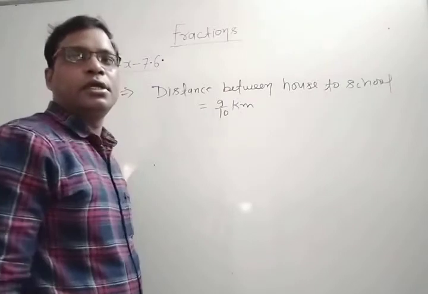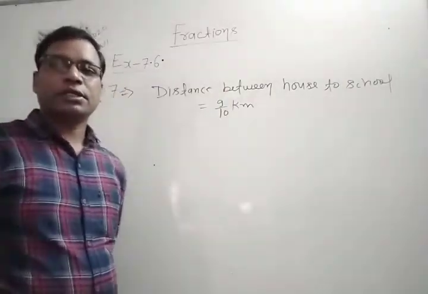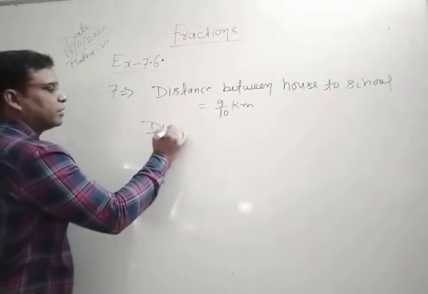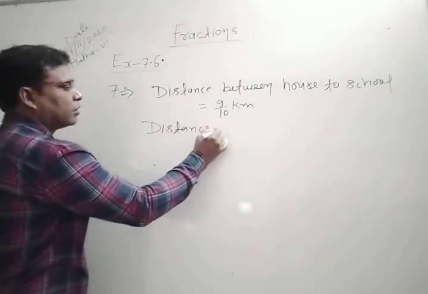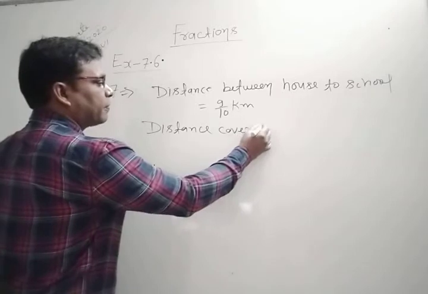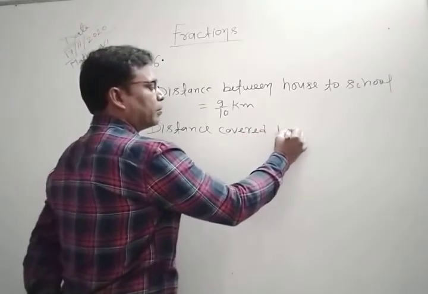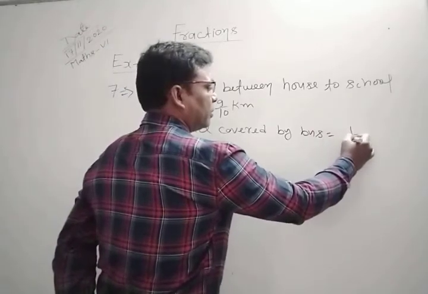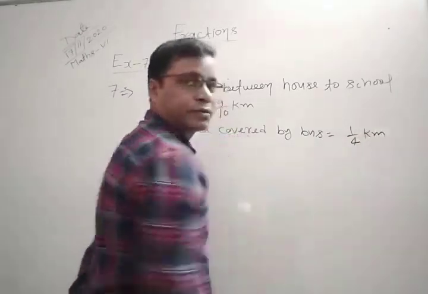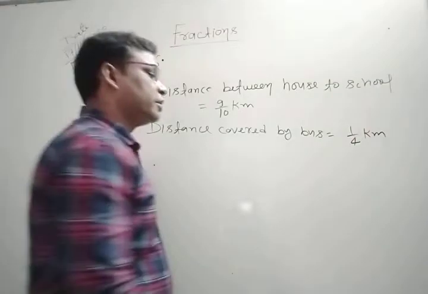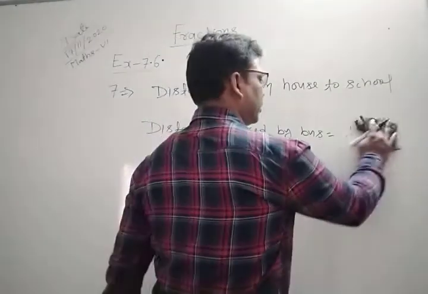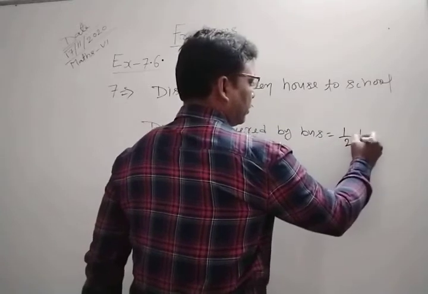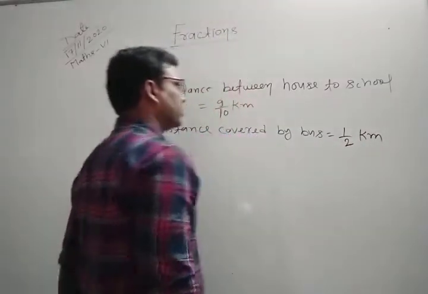And also it is given the distance covered by bus. The distance covered by bus is equal to... okay, sorry, it is given 1 by 2 kilometer. Distance covered by bus is given 1 by 2 kilometers.